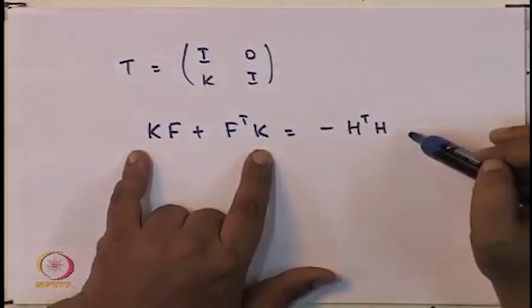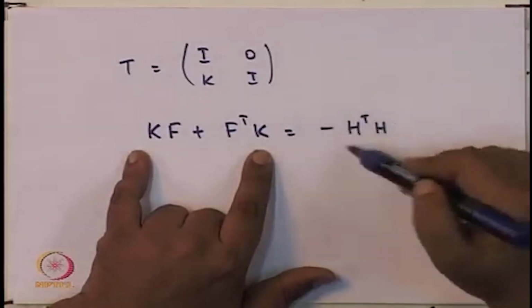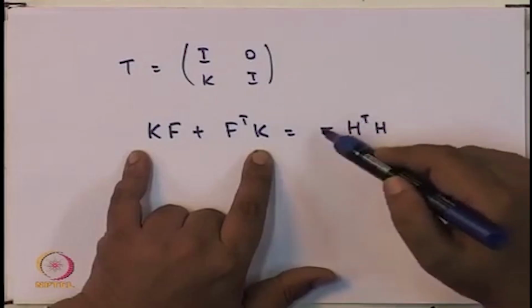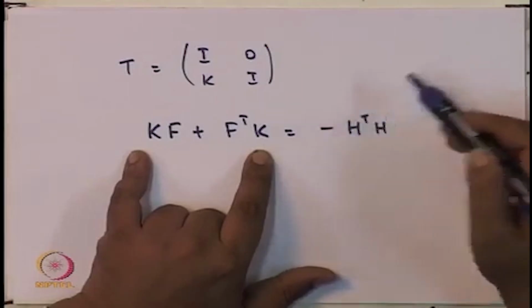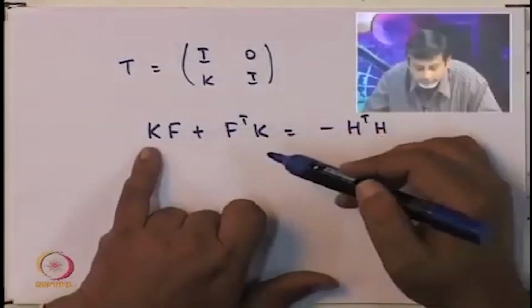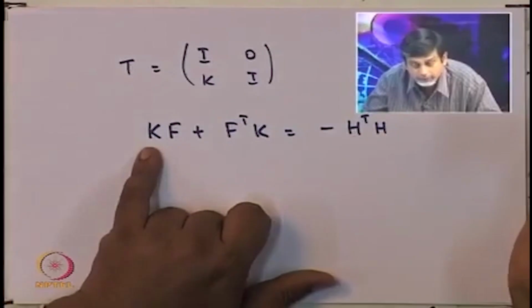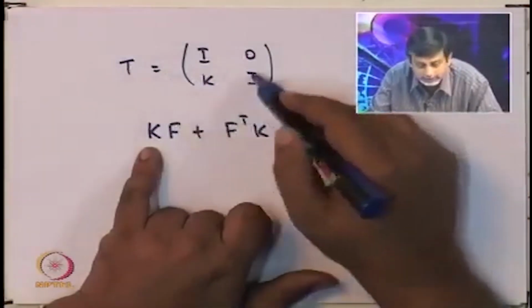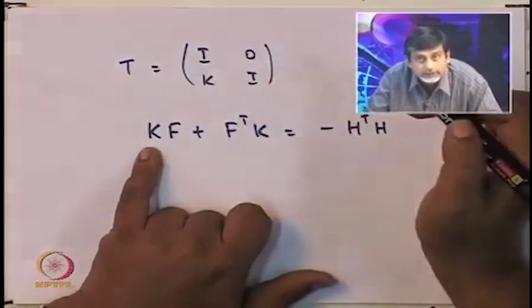If you write down this Lyapunov equation, what you have on the right hand side, well, H transpose H, this is always going to be positive semi-definite. So, with a negative sign, this is going to be negative semi-definite, and therefore, you will always get a solution K for this.